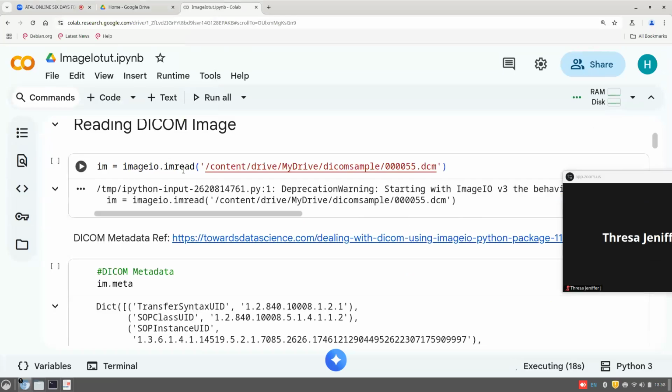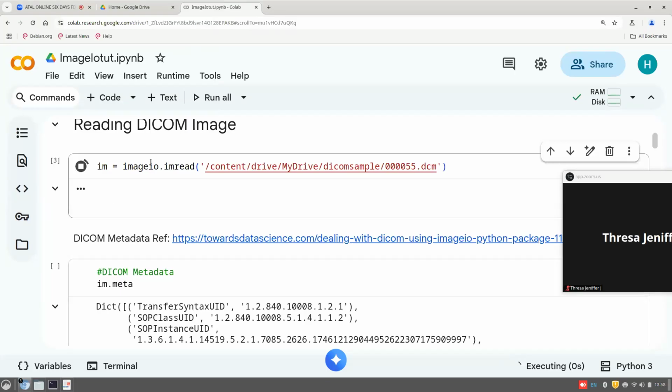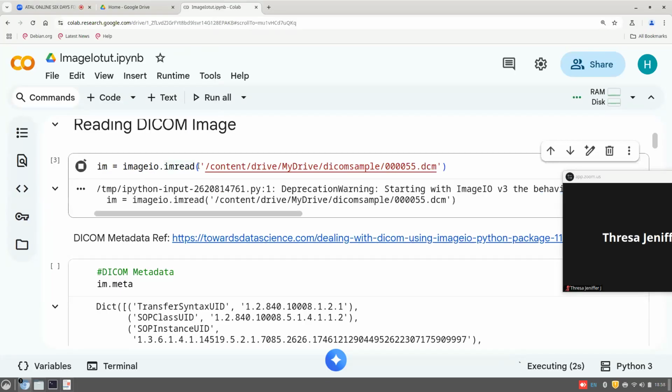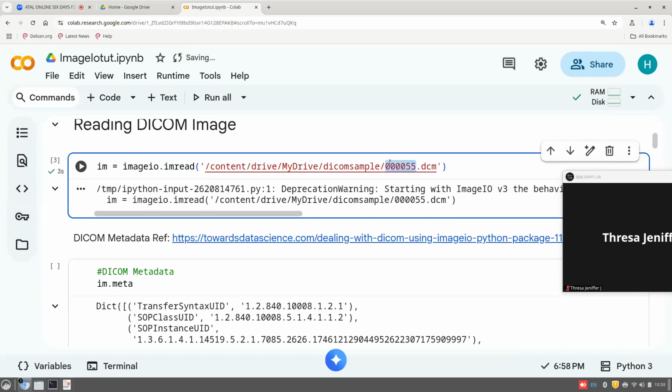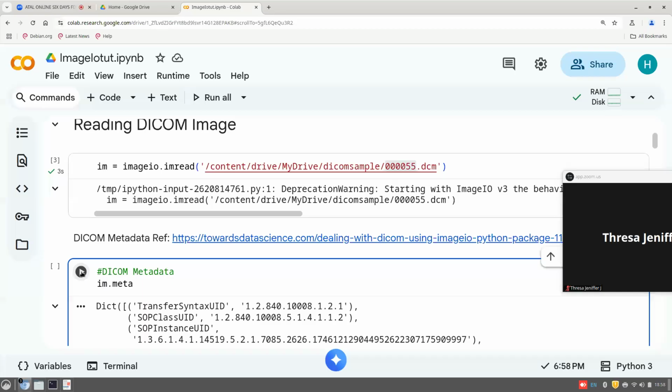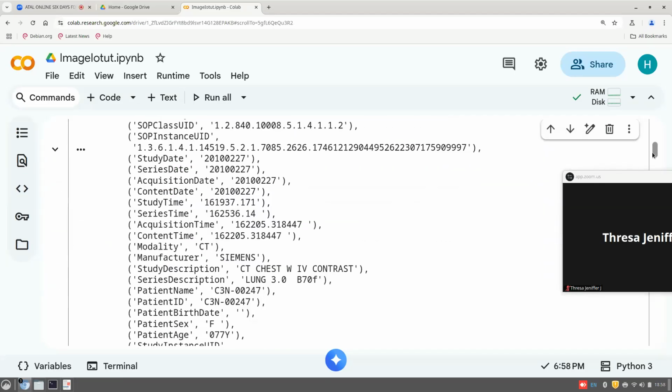Instead of dcmread in the PyDICOM library, here we use the imageio.imread function, and I am reading this CT scan image 000055.dcm. You can see im.meta will have the metadata associated with the DICOM file.